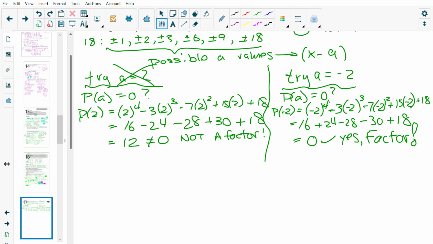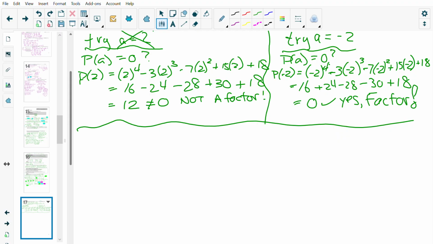So what do we do with this, x plus 2? We can do the synthetic division. So a equals negative 2, so x minus a is x minus negative 2.